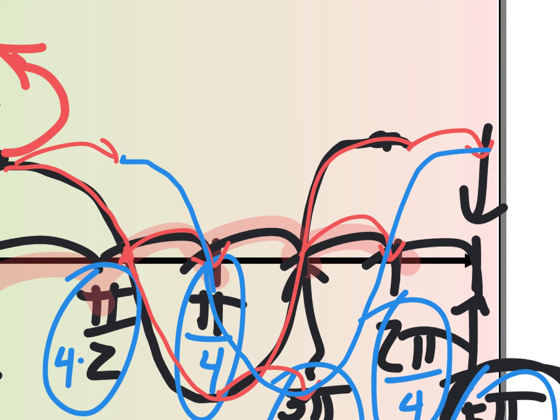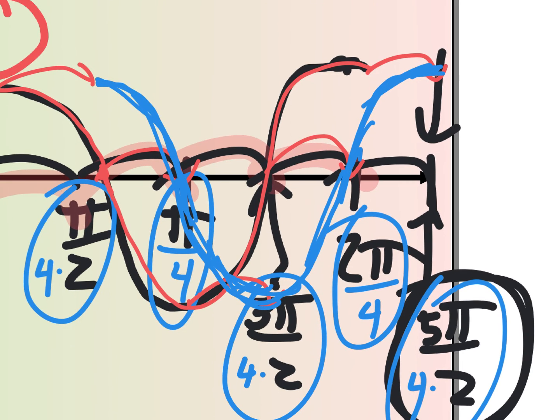So this blue one here, I'll make it darker blue, is my final graph that got shifted pi over 8 to the right. Okay, so that was rough, but as complicated as I can get.